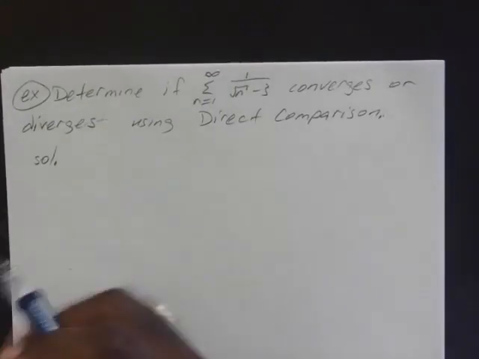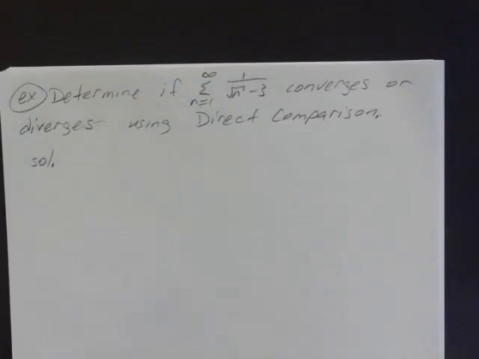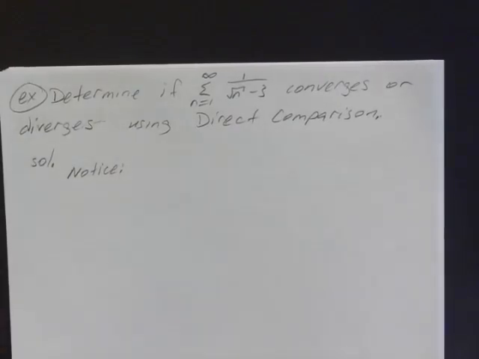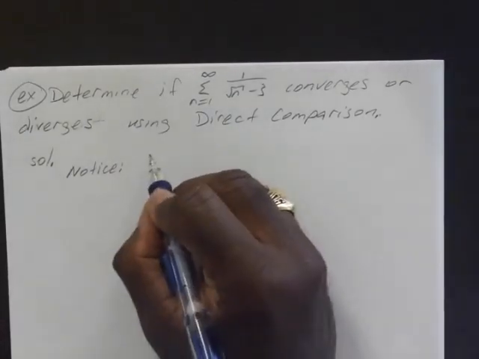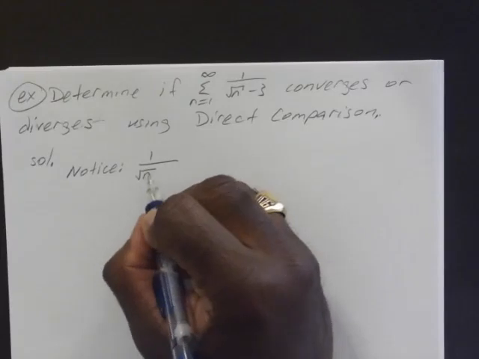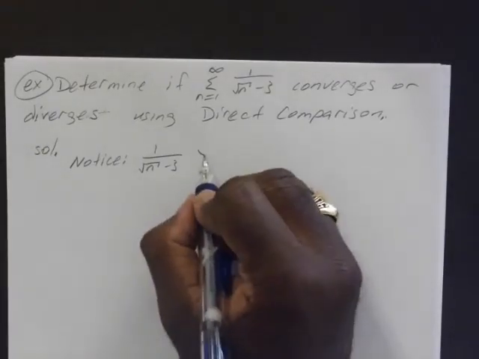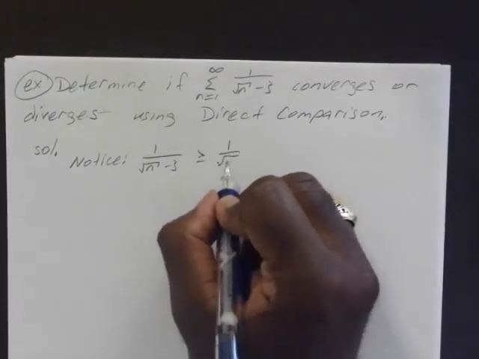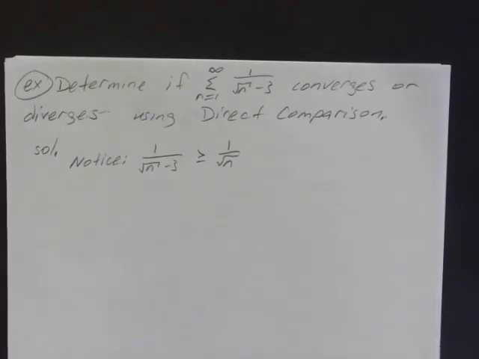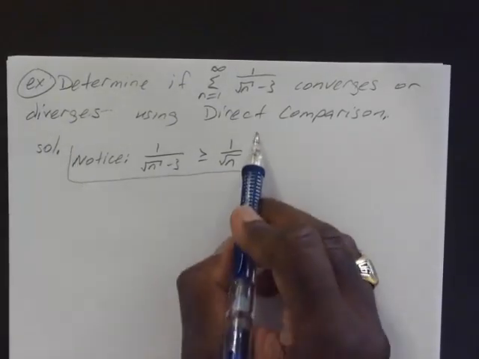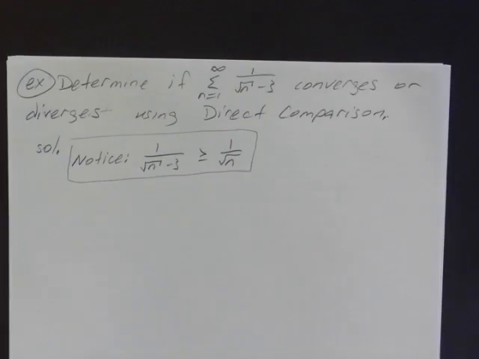So again, we're going to start off by finding our series to compare it to, and we're going to keep it as painless as possible. So the first thing we're going to notice is that 1 divided by the square root of n minus 3 is greater than or equal to 1 divided by the square root of n. Okay, so we can always just flip these around.